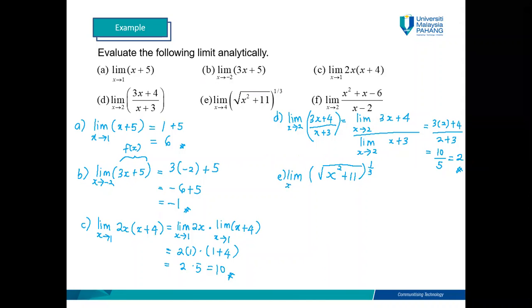Sorry my dear. Okay, so when x approaches 4, this one equal to limit of, kita masukkan so square root 4 square plus 11 and then power of 1/3.